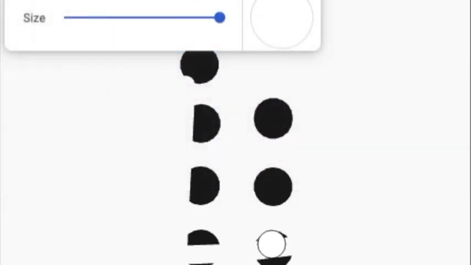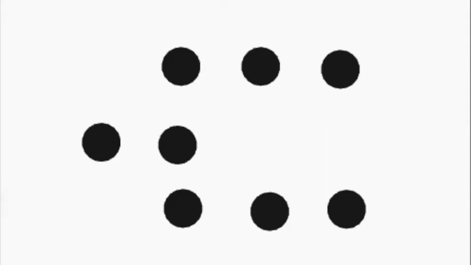Let's take a look at these dots. What number do you see?